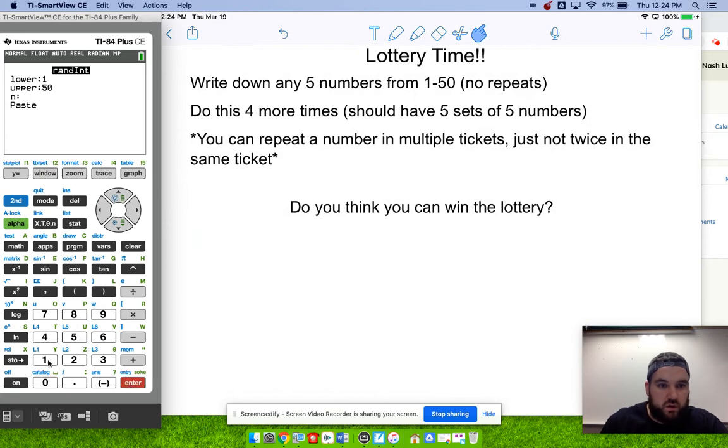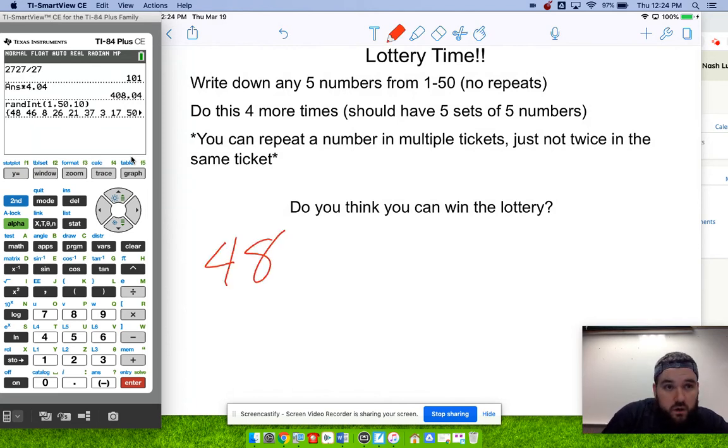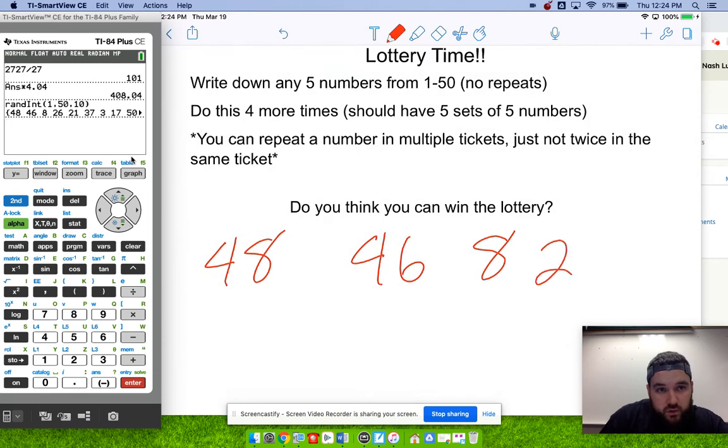Let's go 10 just in case there's repeats. So the winning lottery numbers are 48, 46, 8, 26, and 21. If you got those 5 numbers, congrats, you won the lottery.